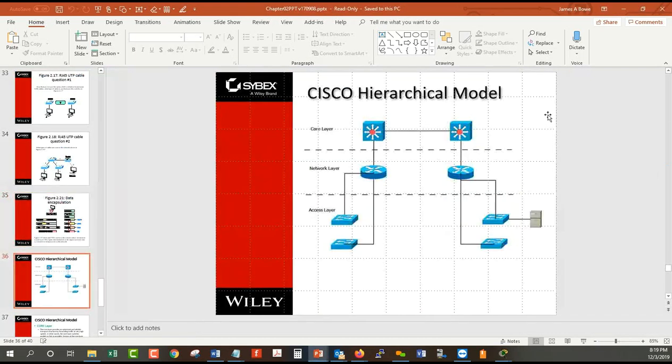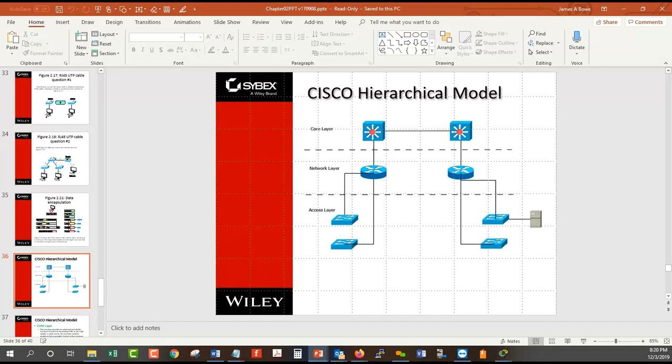One of the topics that the book discusses, and I don't recall if I have a question for this, but something that you should know is the Cisco hierarchical model, which has 3 layers. The access layer, in which devices such as hosts connect to the network.